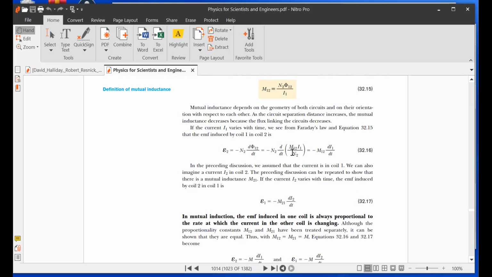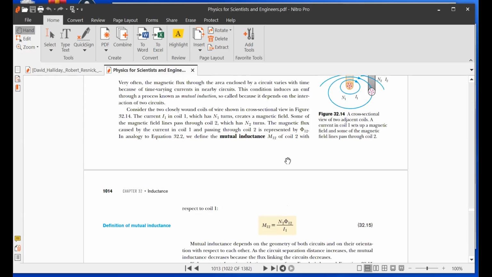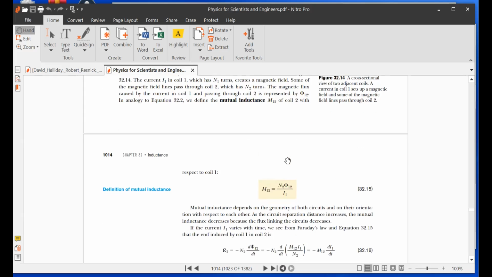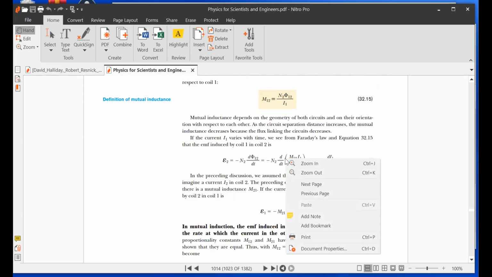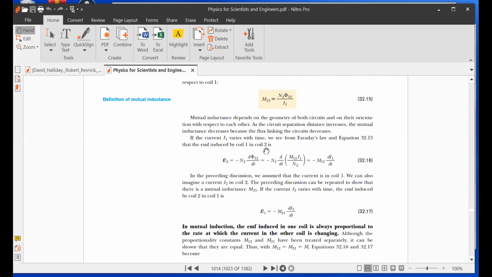Then epsilon 1 gets minus M21, at coil 1 with respect to coil 2. So we get Faraday's law equation like this, 32.70.